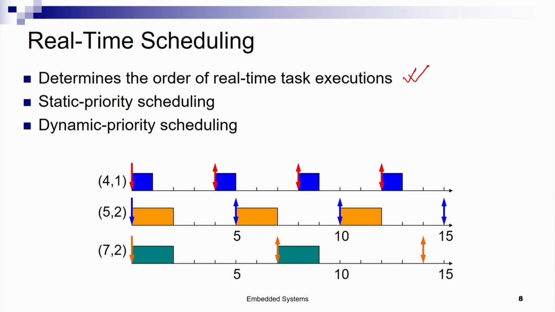The scheduling algorithms could be online or offline, meaning that the entire schedule of the tasks, the execution order of the tasks, can be determined offline before putting the system into operation. So, I run the algorithm, I know the exact execution order, I store that execution order in the system and use that determined execution order to run tasks during the run of the system.